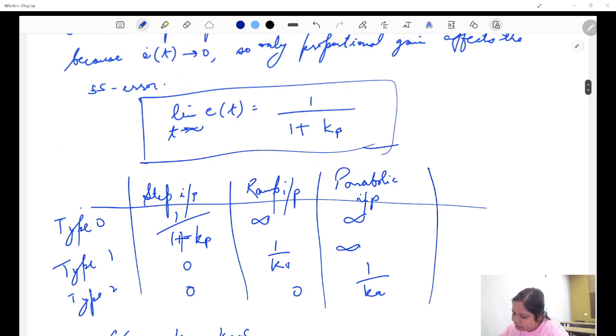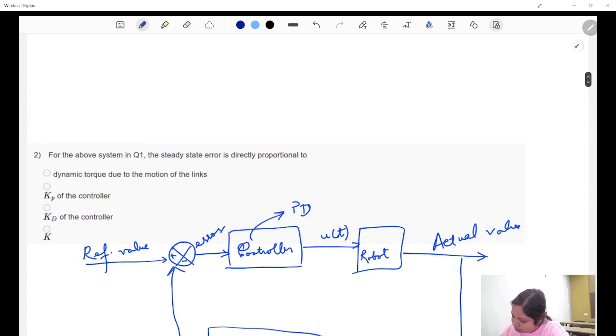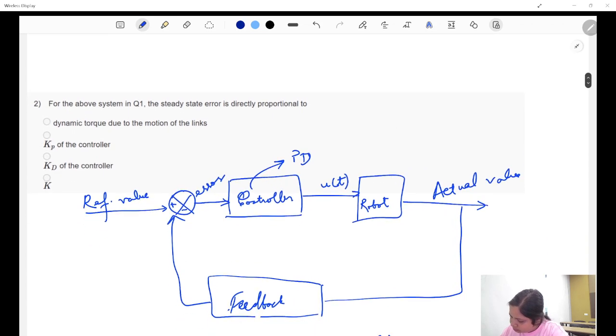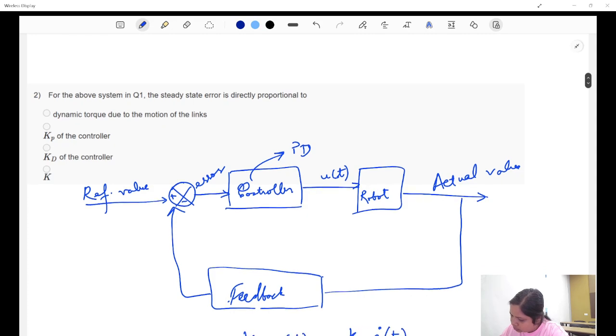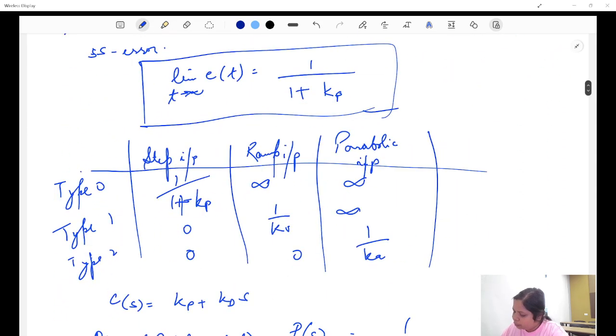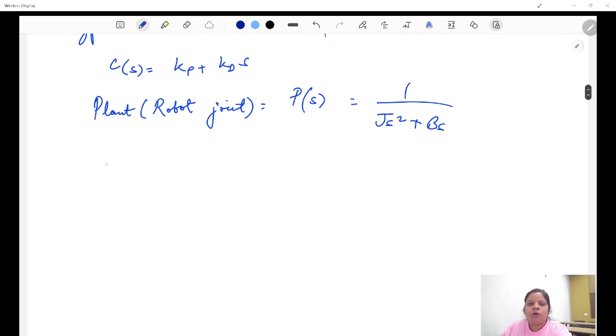And let's consider the input to be a unit step. Okay, so for unit step your R(s), the reference, is 1 by s, right?